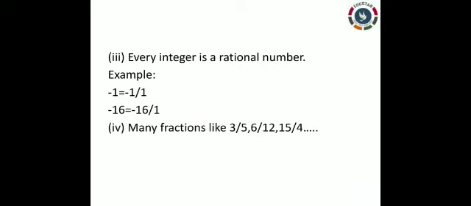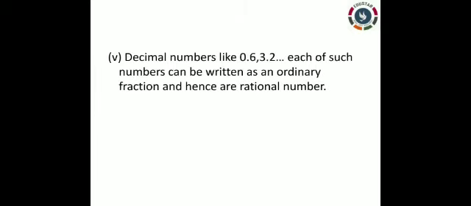Fourth condition: every fraction like 3 by 5, 6 by 12, 15 by 4, like fractions, unlike fractions, proper, improper, are rational numbers. Decimal numbers like 0.6, 3.2, each of such numbers can be written as an ordinary fraction and hence are rational numbers.